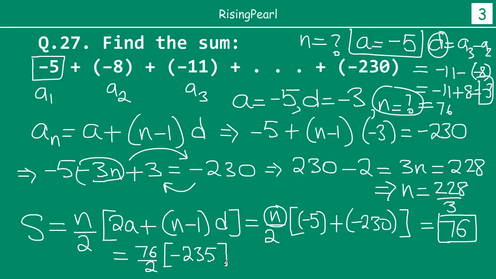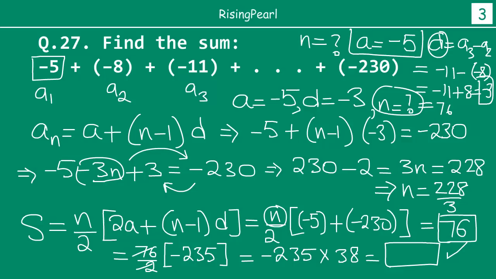So whatever this comes out to, so this will be 38, right? So answer will be minus 235 times 38. So whatever the value is, that is the sum of this series, minus 5 plus minus 8 plus minus 11 all the way till minus 230.